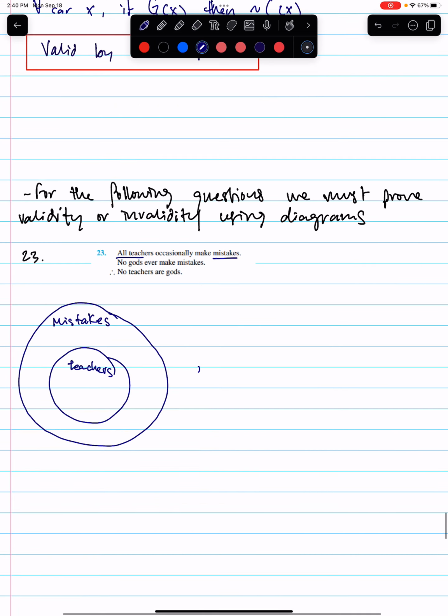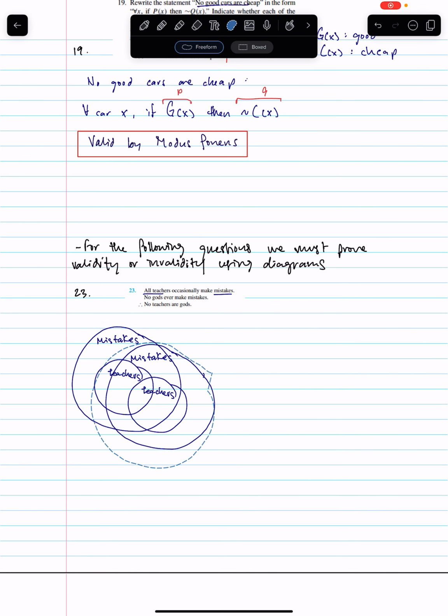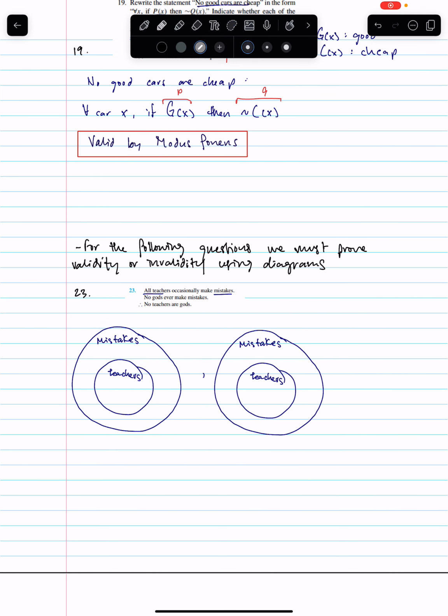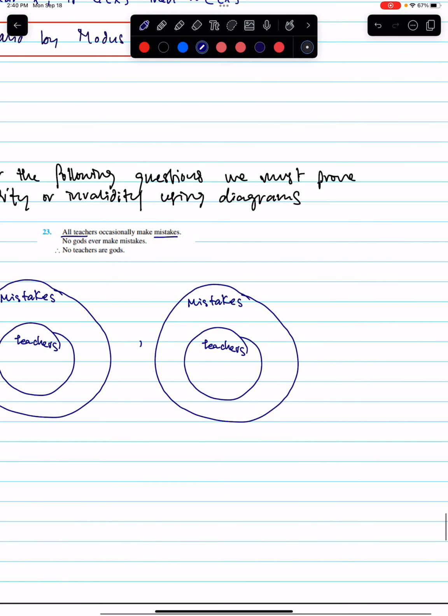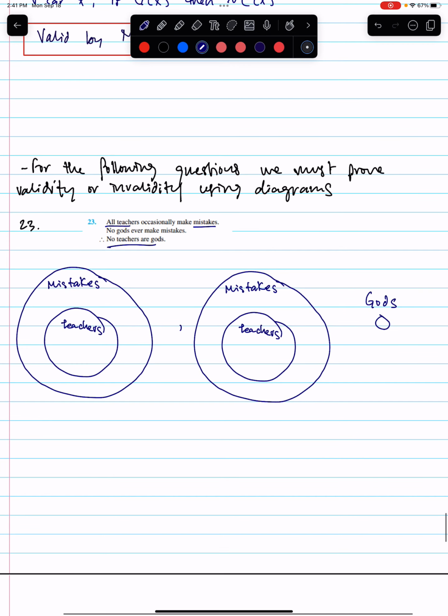It says no gods ever make mistakes, right? So we'll take this again. No gods ever make mistakes. So gods is out here. It's out of the circle. It's not in mistakes at all. So then from here it says no teachers are gods. Well, of course that's true. The teacher circle is not within the God circle, right?